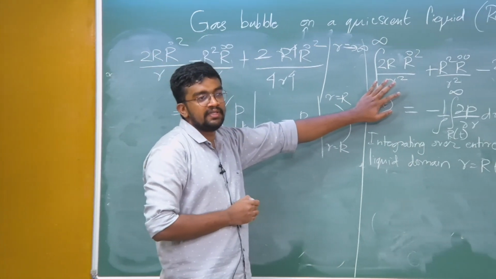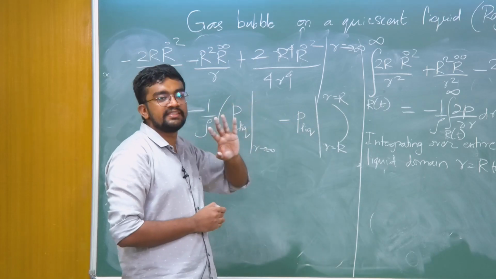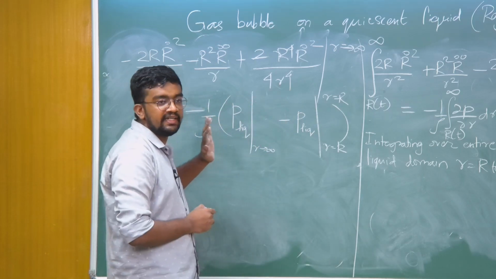We need to find the radius variation as a function of time, which is why we integrated over the liquid domain.